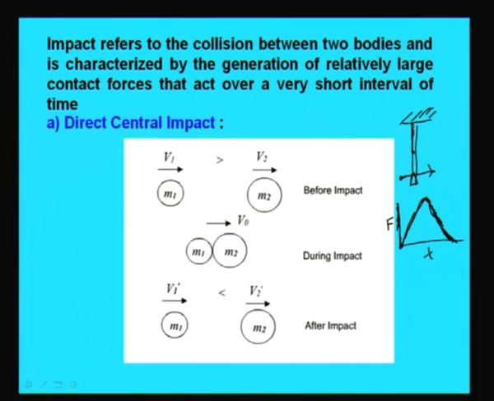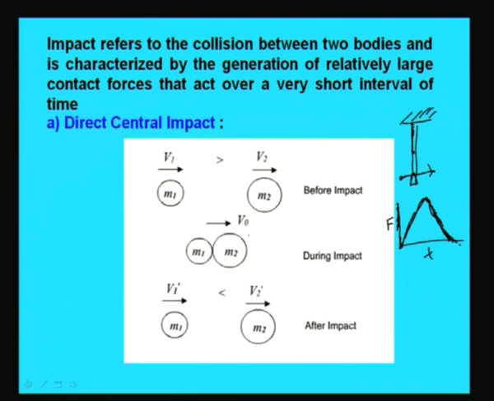Now in that process, when body m2 was applying the force on m1 in the opposite direction, since they were both moving at the same velocity v0, the velocity of m1 will decrease and become v1 prime, and simultaneously the velocity of m2 will increase, because if m2 is applying a force on m1, m1 applies force on m2.